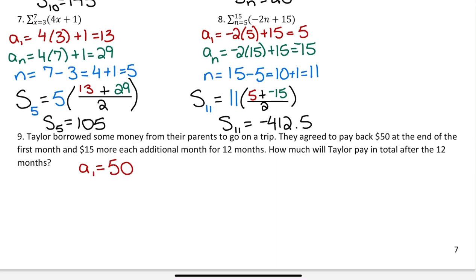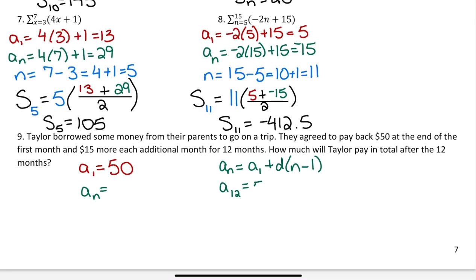In order to find our last term, we are going to have to use our arithmetic sequence formula. The formula for the nth term is a sub 1 plus d times n minus 1. So right now we're looking for the 12th term.